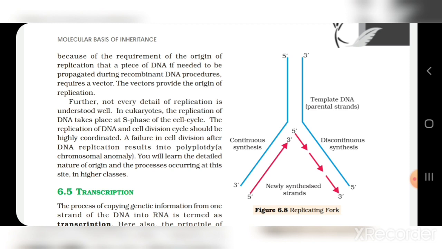DNA dependent DNA polymerase does not recognize this, and it considers the other end to be 3' and forms short fragments which are called the lagging strand or the Okazaki fragments. They form short strands, and these short strands are joined by the enzyme DNA ligase later on. And these are basically the various steps of DNA replication.